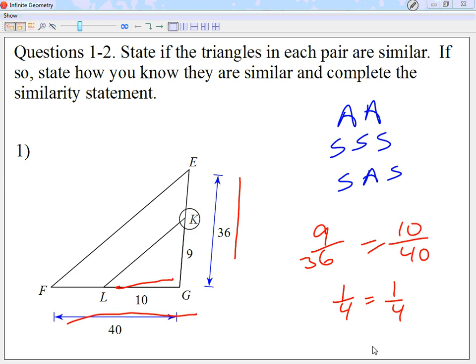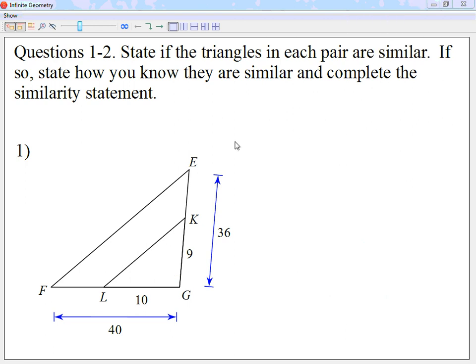So I'm using 2 sides per triangle. Not only that, but the corner G, the angle G, happens to be on both triangles. If I look at angle G, it is an angle from the small triangle, but it's also an angle from the big triangle. So if you notice, I have 2 sides and the angle in between. Let me simplify this real quick.